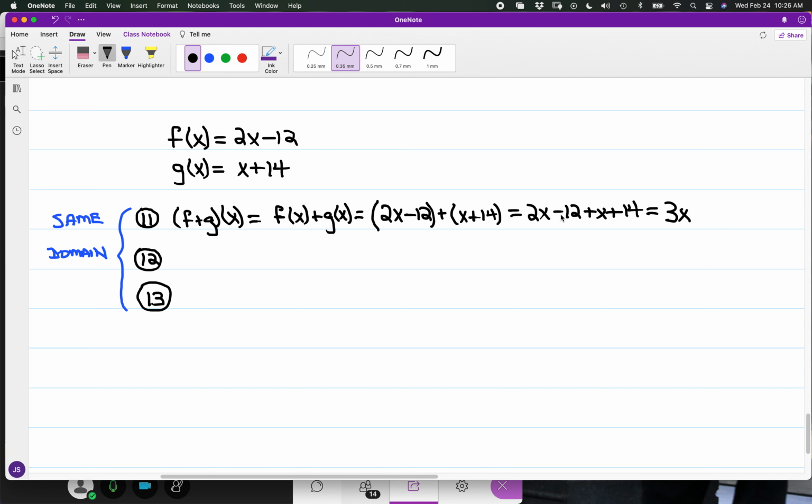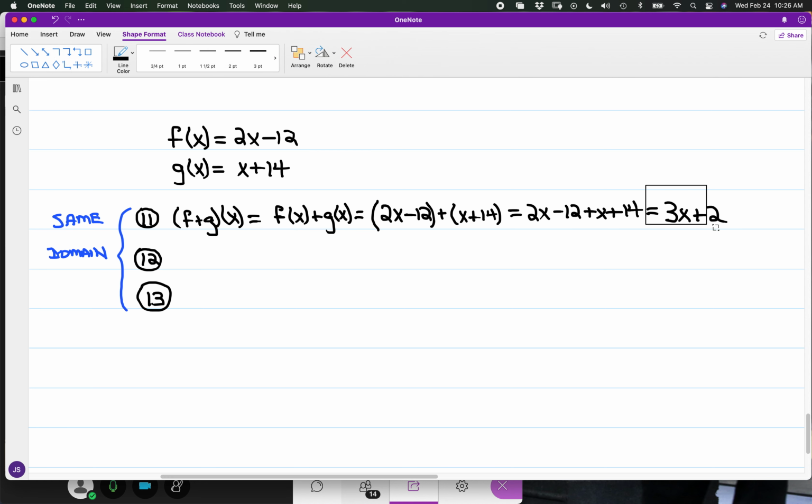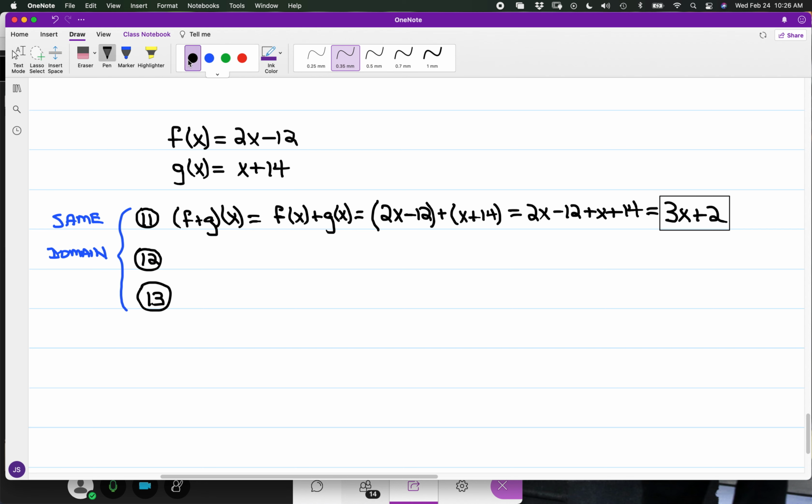And negative 12 plus 14 is going to come out to a positive 2. All right, so that will be the result for this particular sum function for what we have given regarding f of x and g of x. And I'll get to that domain.